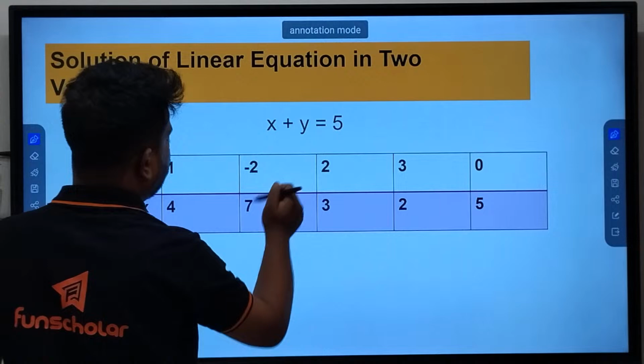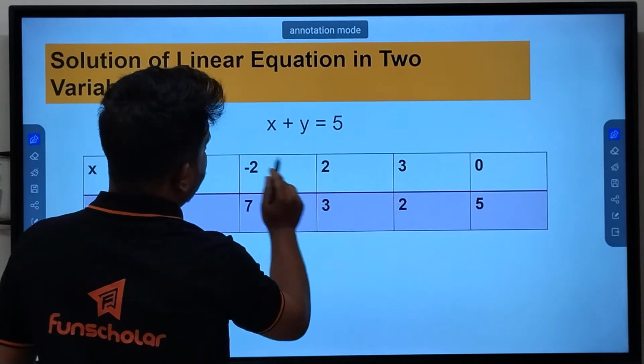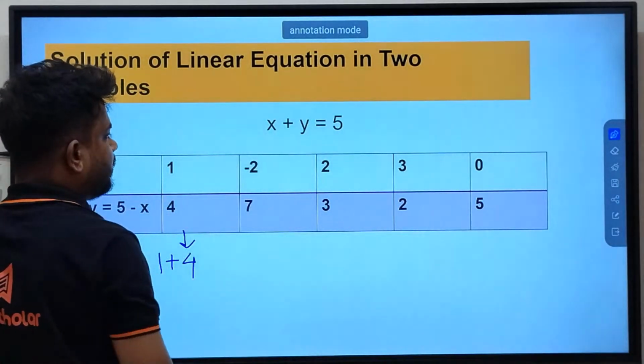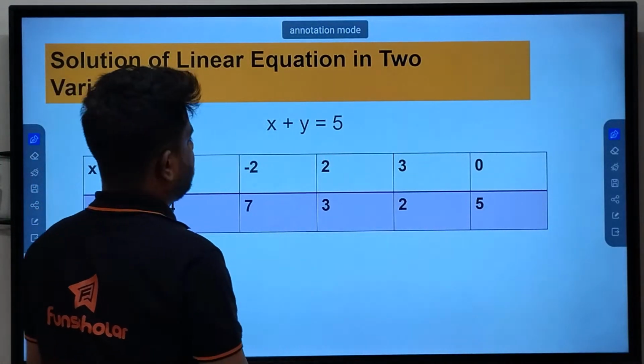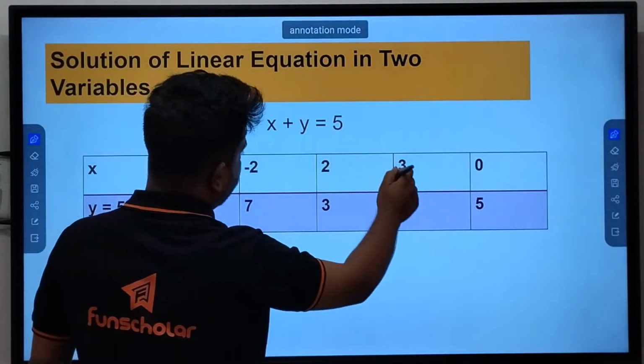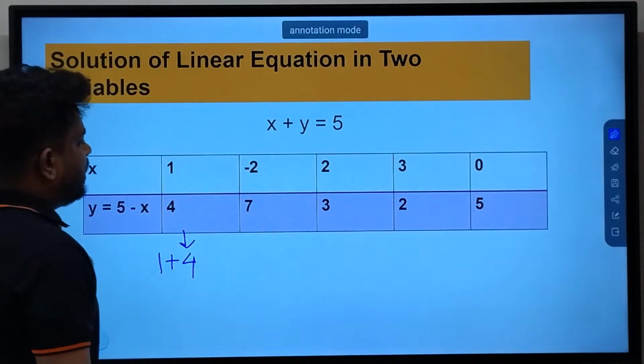If I put 2 in x's place, we have to put 3 in y's place to make it 5. Again, if I put 3 in x's place, I have to put 2 in y's place.